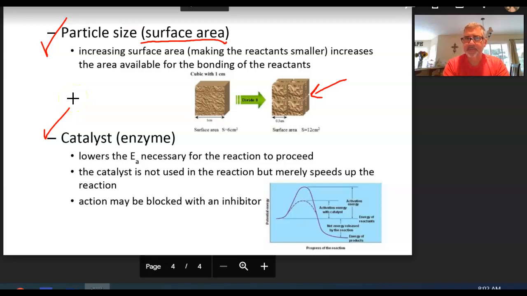So a catalyst, make sure you know this statement here, lowers the energy of activation necessary for the reaction to proceed.